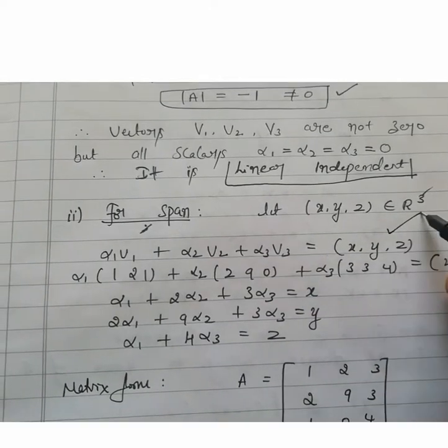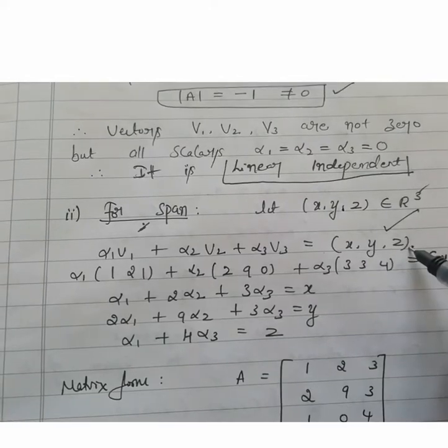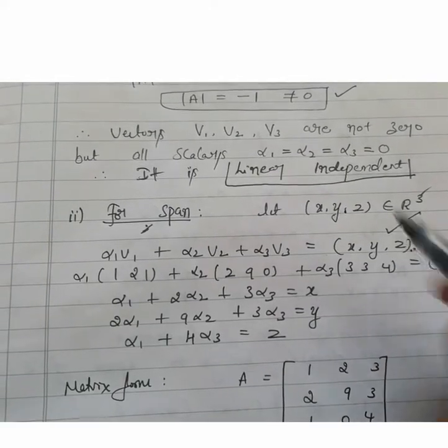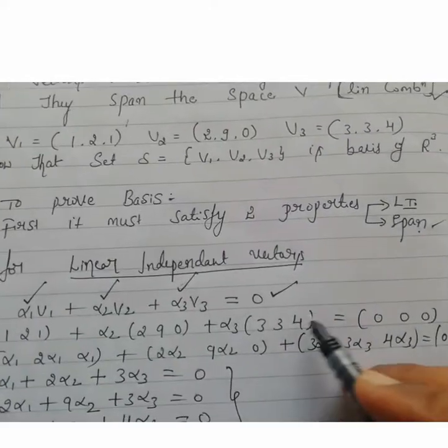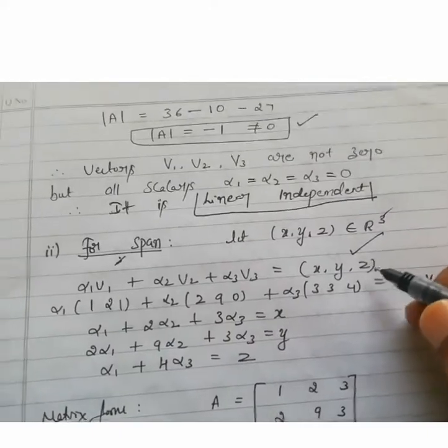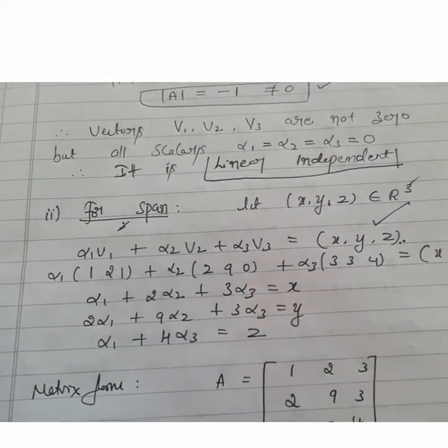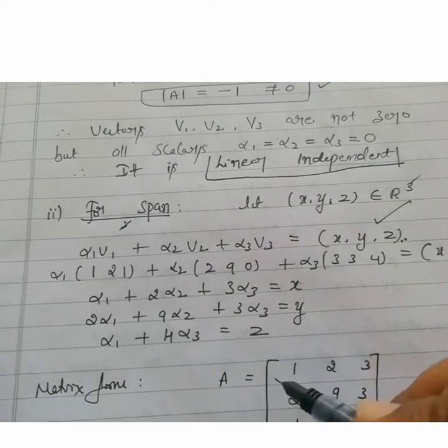But look carefully at the right hand side: we write it as x, y, z. For linear independence we took it as 0, but for spanning we have to take the right hand side as x, y, z. The left hand side process is similar to the previous one.